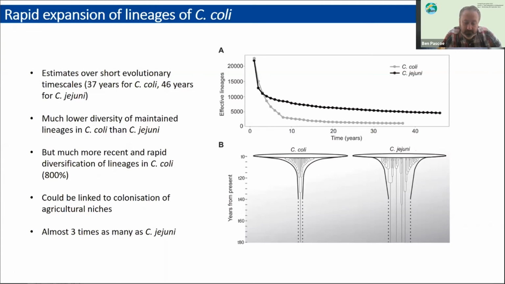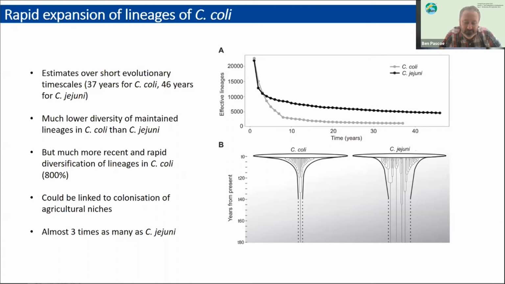And this can be interpreted as C. jejuni occupied more niches in the past than C. coli did. But on the other hand, the diversification for C. coli was much more rapid in recent years than C. jejuni.